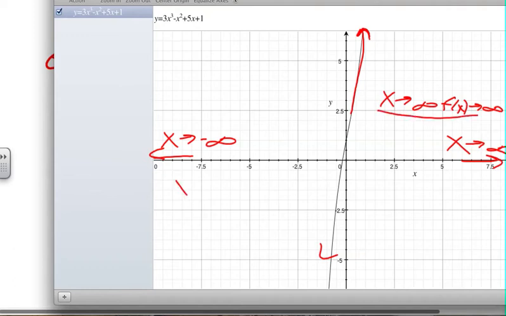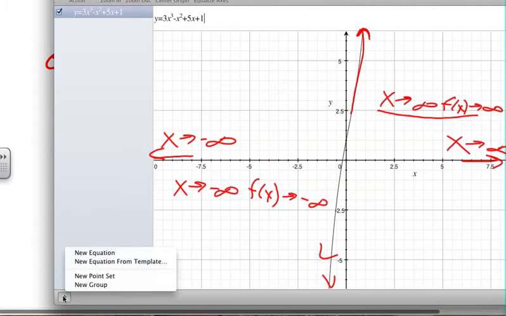Let's come over here. So as x gets big in the negative direction, you notice we're growing unbounded in the negative direction. So f of x or y is also going to go to negative infinity. Okay, so now let's take a look at another equation.